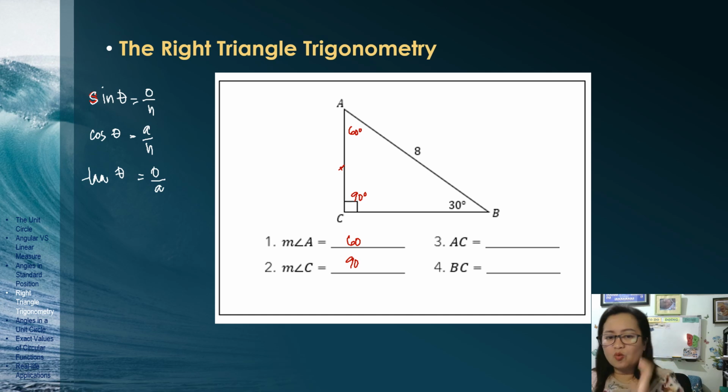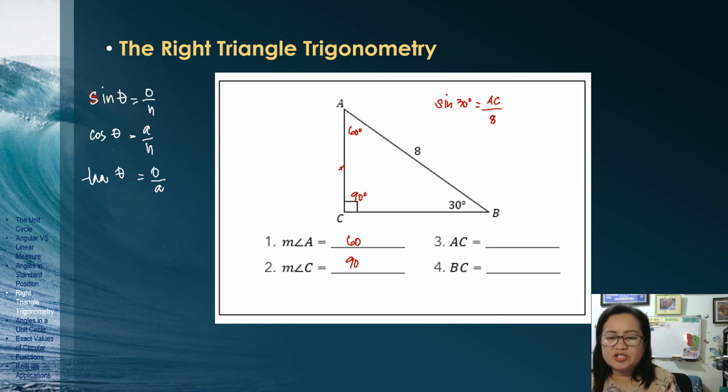Now, what ratio involves opposite and the hypotenuse? Okay, that is sine. So sine 30 degrees is equal to the opposite side, that is AC. Then we have 8 for the hypotenuse.